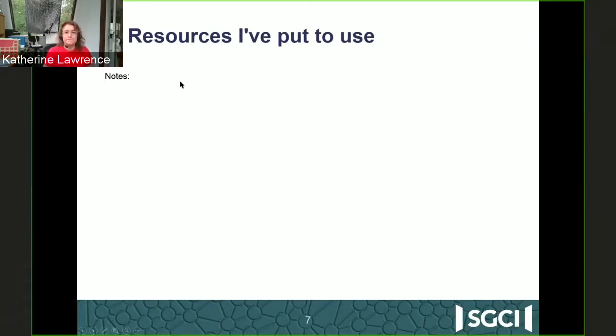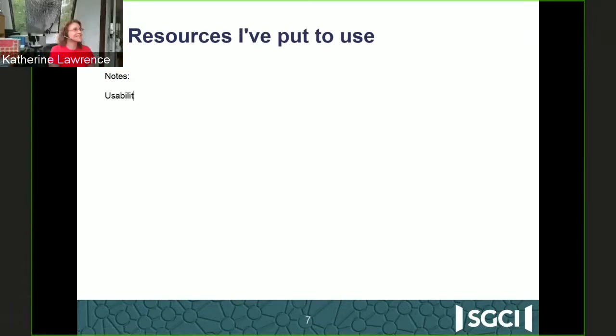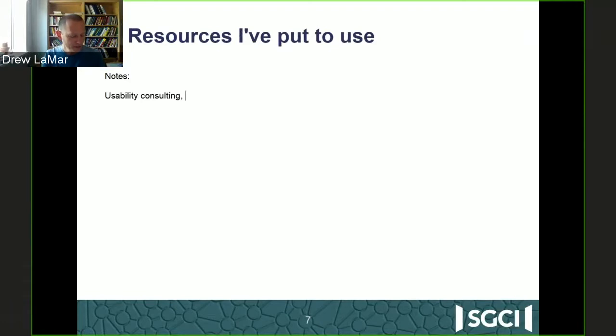Go for it. Wow, I mean, you should just put the list of things that SGCI offers, and I'll just sort of check all of them off. Okay, usability consulting. Yeah, so we did the usability consulting. That was something that we jumped on right away, and that was a really great experience. We've also done the extended developer support.